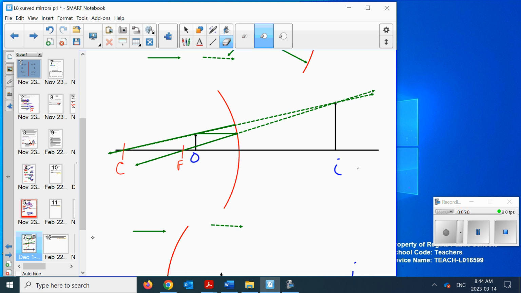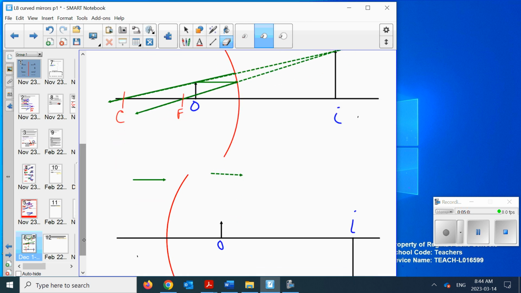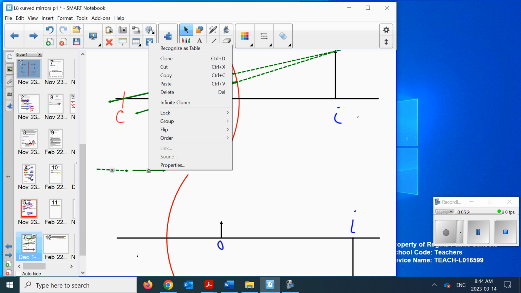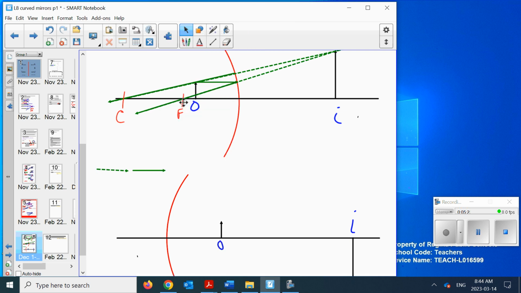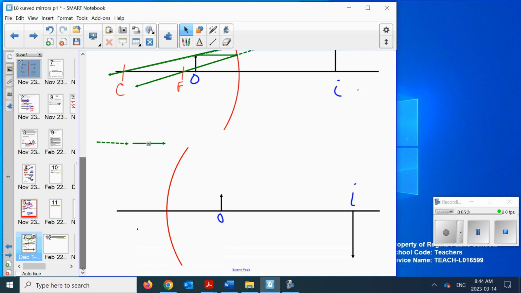Let's see the last one. Let's move this around. Okay. The only thing different about this is I'm going from right to left. So it's just a mirror image of the diagrams we usually do left to right.